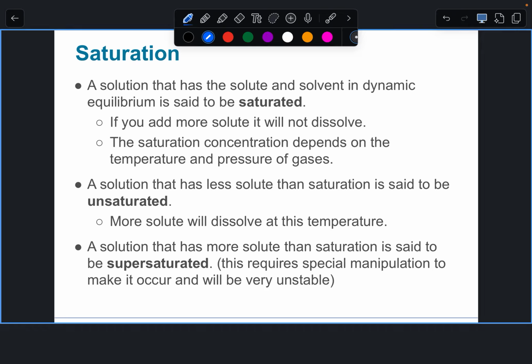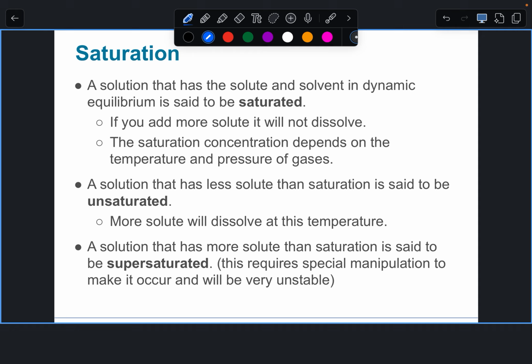But if you're making lemonade or Kool-Aid, which has a ton more sugar, and you try to dissolve a cup or two of sugar in a gallon of water, it's probably going to be pretty difficult to dissolve that much sugar. And if you keep adding it, there's going to be a point where it won't dissolve anymore.